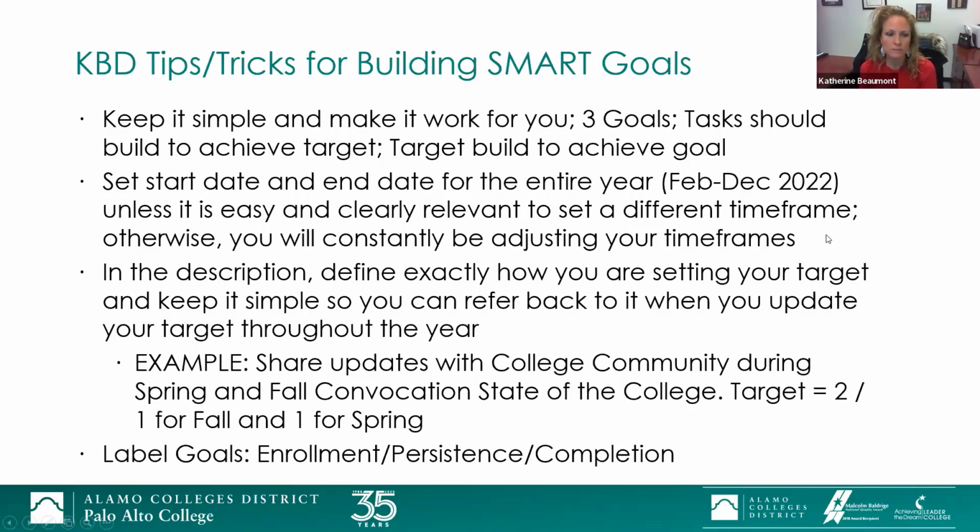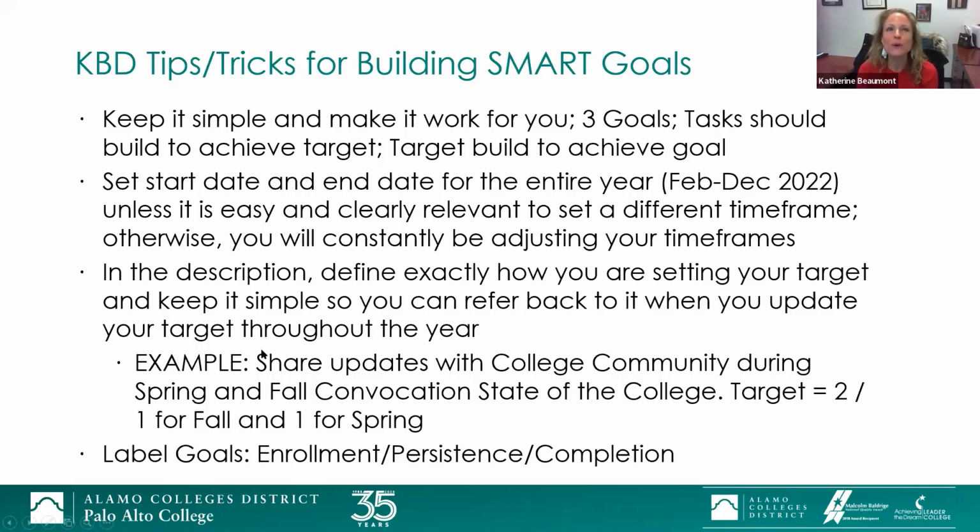So like with my SACSCOC goal, I set the time frame in March because that's when the documents are due. What I've also found is really helpful is in your description for the targets, define exactly how you are calculating the targets. Please give me an emoji or chat if you feel this pain, but sometimes the target's 3, but I'm like, what did I mean by that 3 when I go back in a month later to update it?